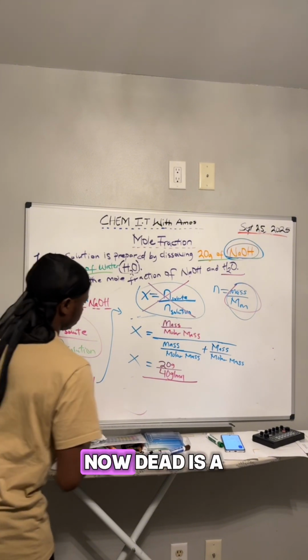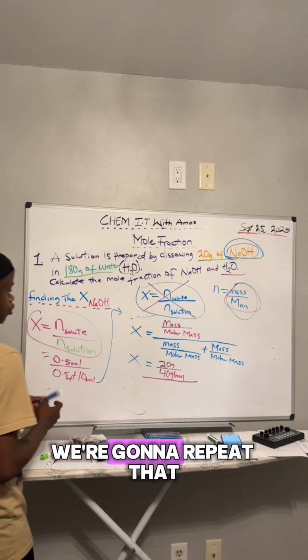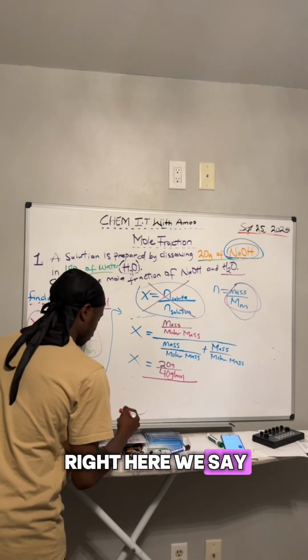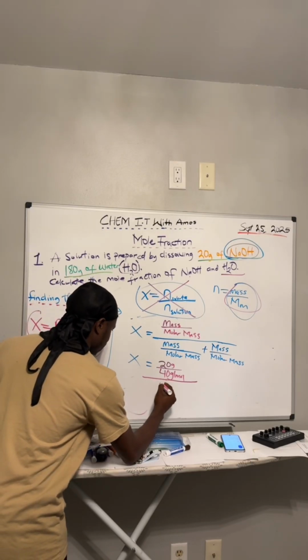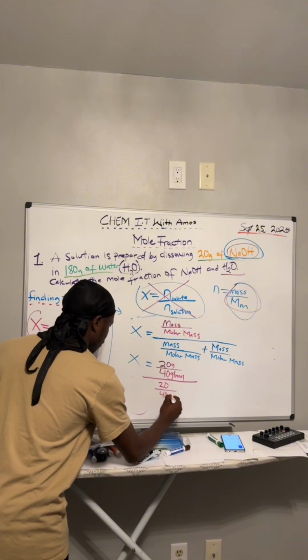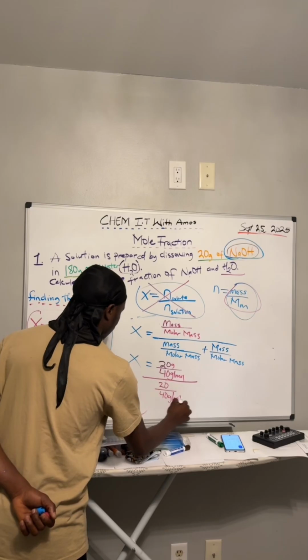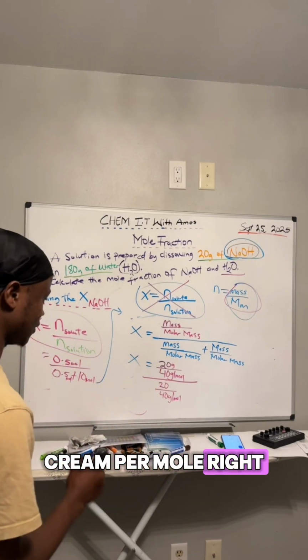So right here now, that is the solute. It means that this same thing, we're gonna repeat that right here. We say 20 divided by 40 gram per mole, right?